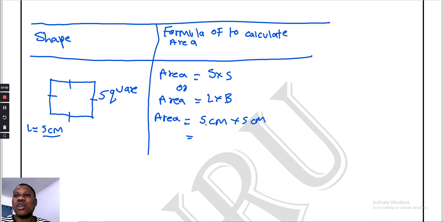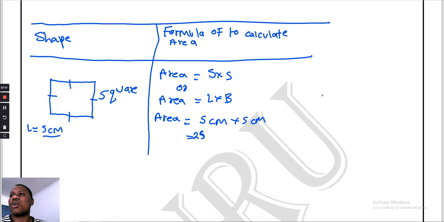On your calculator you're not going to punch 5 centimeters, you are only going to punch 5 multiplied by 5, which becomes 25.